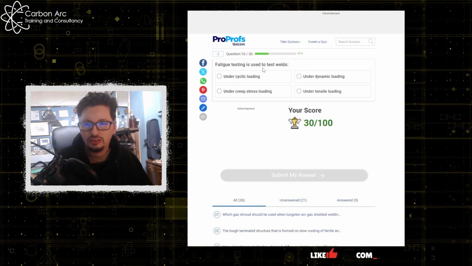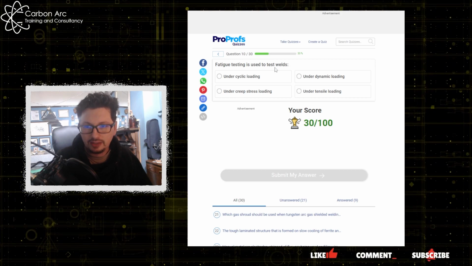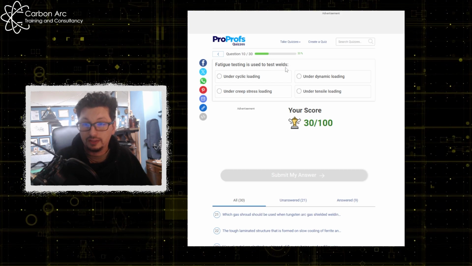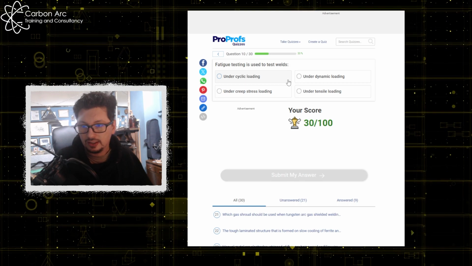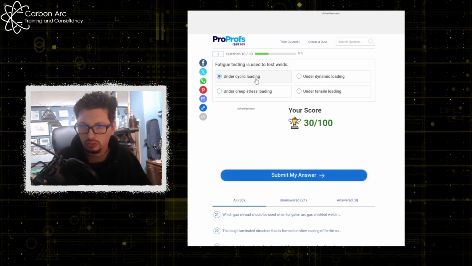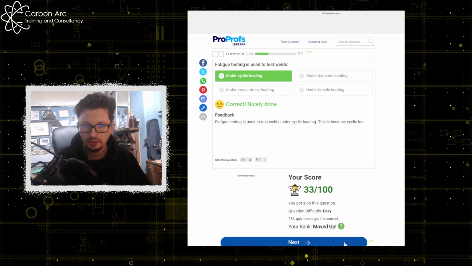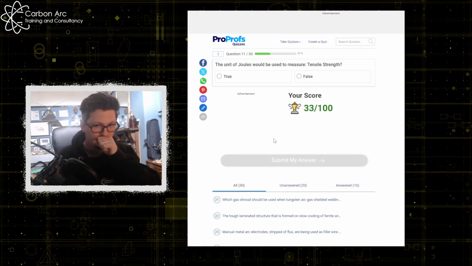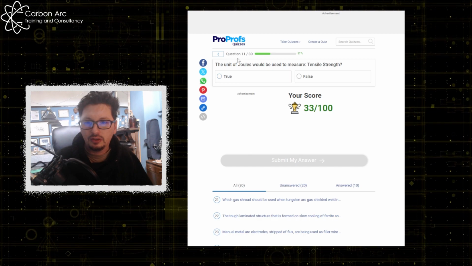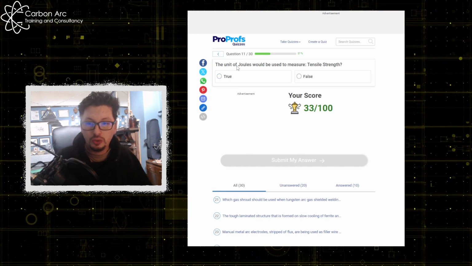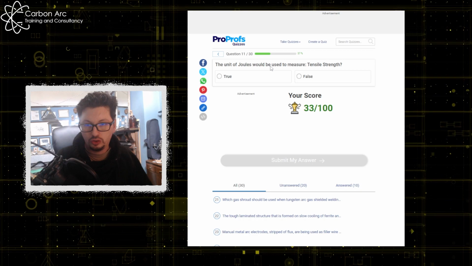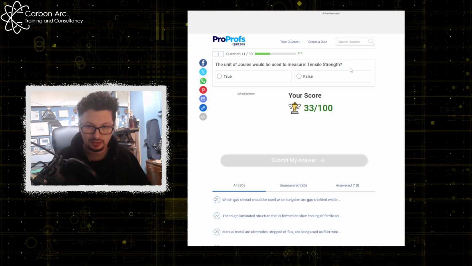Fatigue testing is used to test welds under cyclic load, and fatigue is cyclic. So we'll go cyclic there. Pardon me. Question 11, the unit of joules would be used to measure tensile strength.